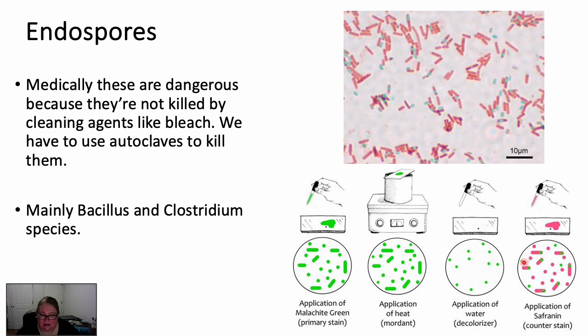So we see here in this example that sometimes you can have endospores that aren't still connected to a cell, and that's because they have gone fully dormant. And then we can have cells that are not making endospores, and then we can have the cells that are currently going through that process of making an endospore and going dormant. I would definitely know how endospores are medically dangerous, and I would know this endospore stain technique.